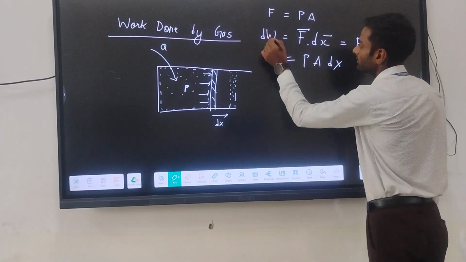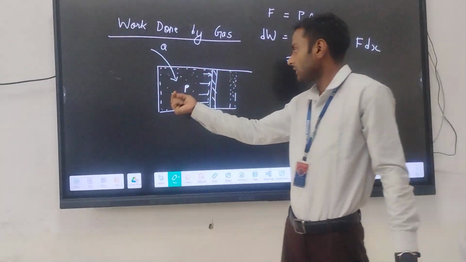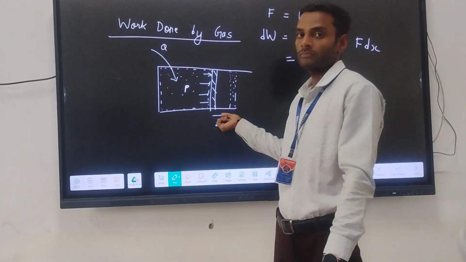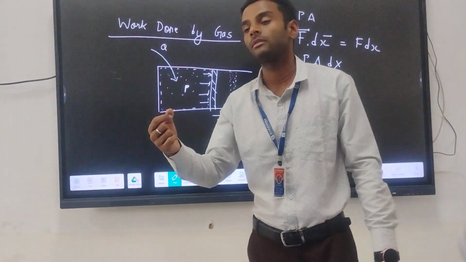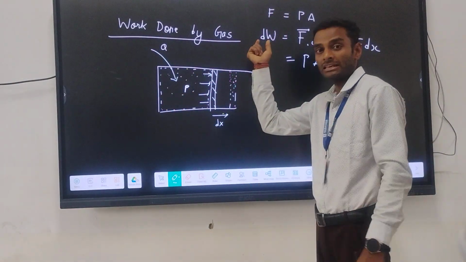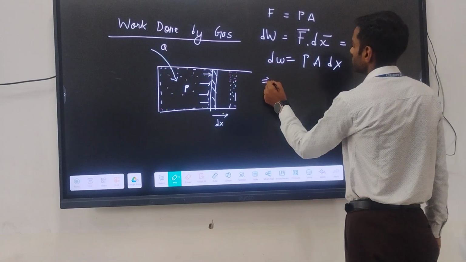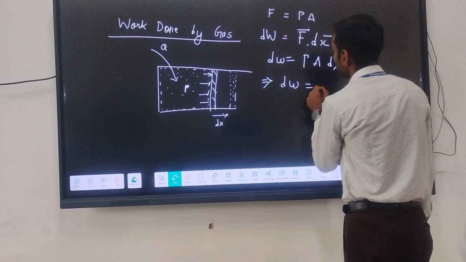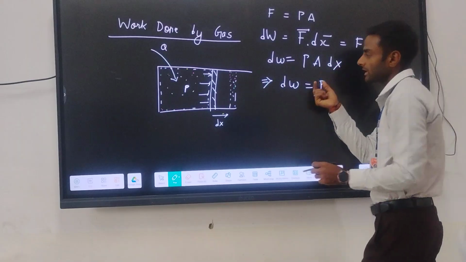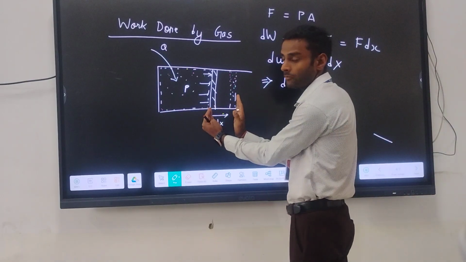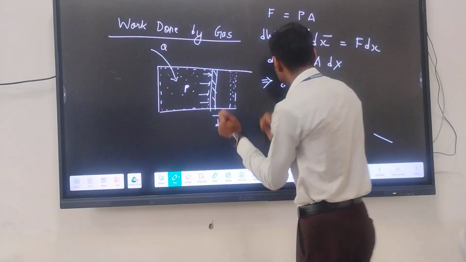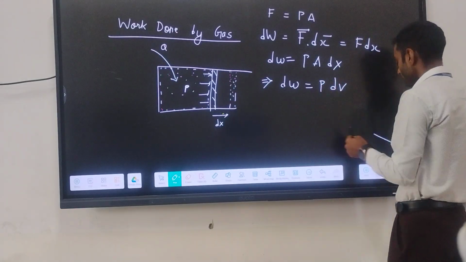I must say this is a small work. It can do even larger work, but this is a small work. For small work we write dW. So dW is equal to P A dx. A dx is this small volume, which we can call dV.